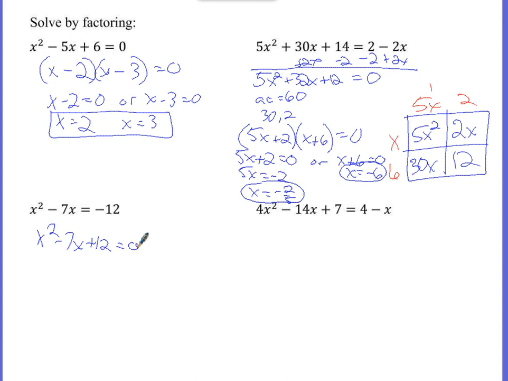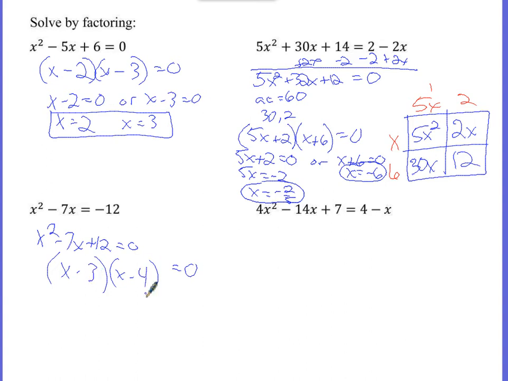Can we set this one up like a FOIL problem, or do we have to use the box method here? Yeah, we can go straight to the factors. Two numbers that multiply to give me 12, but add to give me negative 7. Both have to be negative, so I have x minus 3 and 4.